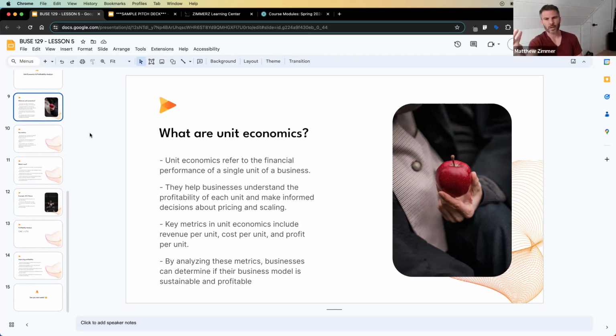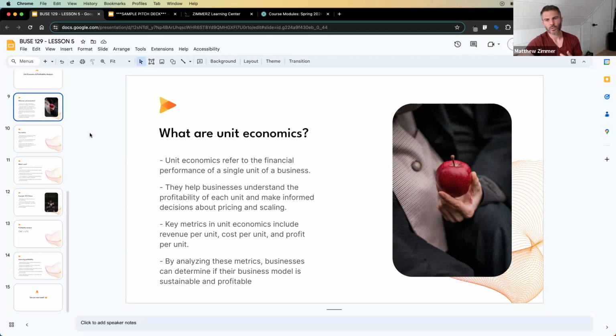So the unit economics is based on the unit of what I'm selling, not necessarily the single apple. It might be the bushel of apples. For a gym membership, it might be a month, a year, or an hour, but the unit is the base unit of what we're selling.